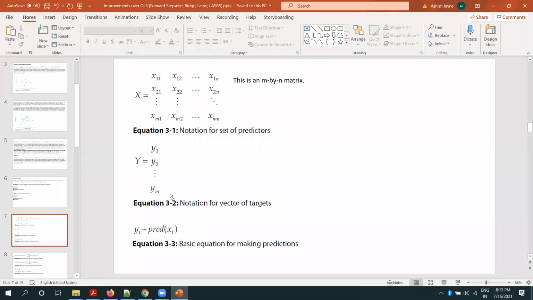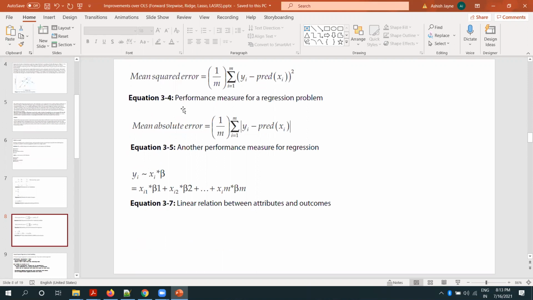So the thing is, if y is your target, the dependent variable, and you call the prediction method on xi, you would get y. How do you check the performance measure of a regression problem? You check it by mean squared error or mean absolute error.